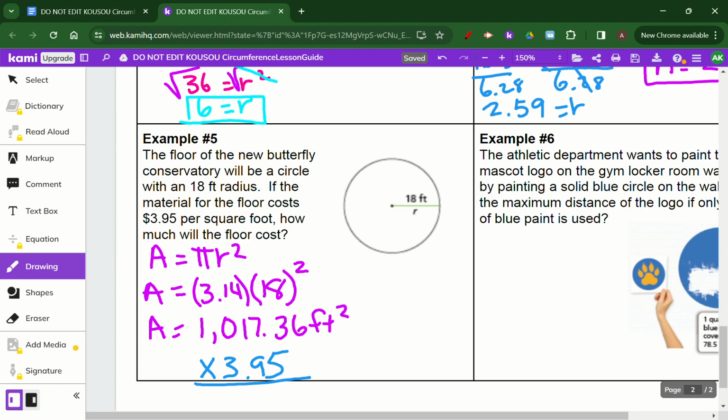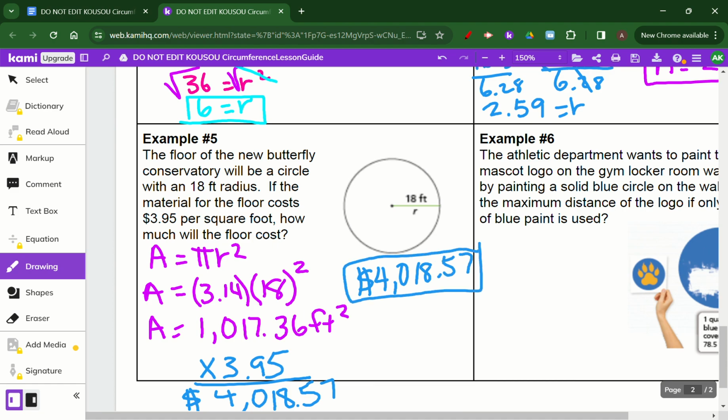So 1,017.36 times 3.95, and that gets us $4,018.57. So that's how much it's going to cost to do the floor of this conservatory.